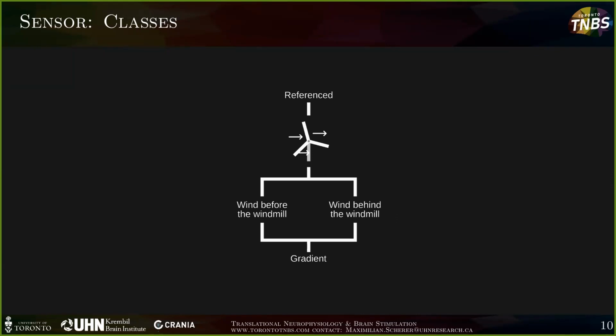Let's say you have some wind pressuring onto the windmill from before the windmill, and some wind pressuring onto the windmill from behind. If the wind before the windmill is stronger than the other one, that wheel is going to turn around. That's what you're measuring with your EEG sensor. You're measuring current flowing from the side of the EEG electrode to the side wherever you put the reference, or maybe the other way around, something happening at the reference flowing in the other direction. But a little more on that later.